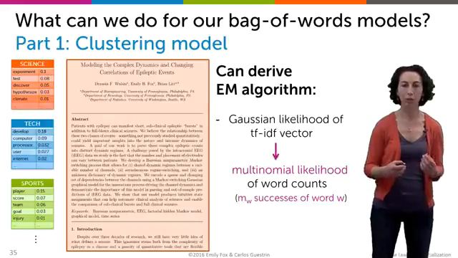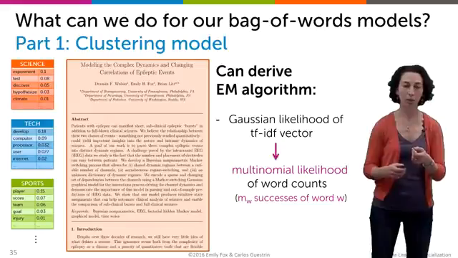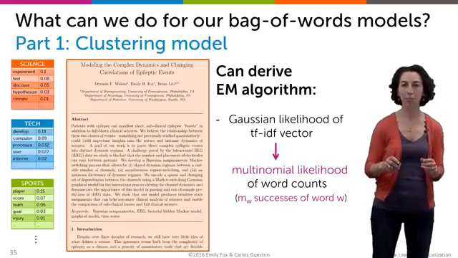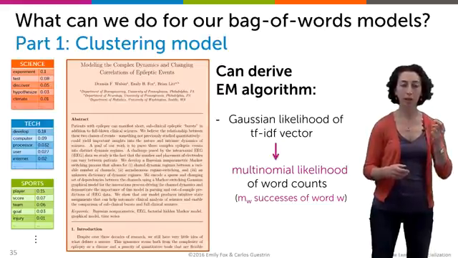So specifically, we can look at the document and say, well, maybe there are M sub W counts of word W in this document. So we can think of this as M sub W successes of word W, where the probability of a success was given by the topic-specific probability of that given word.